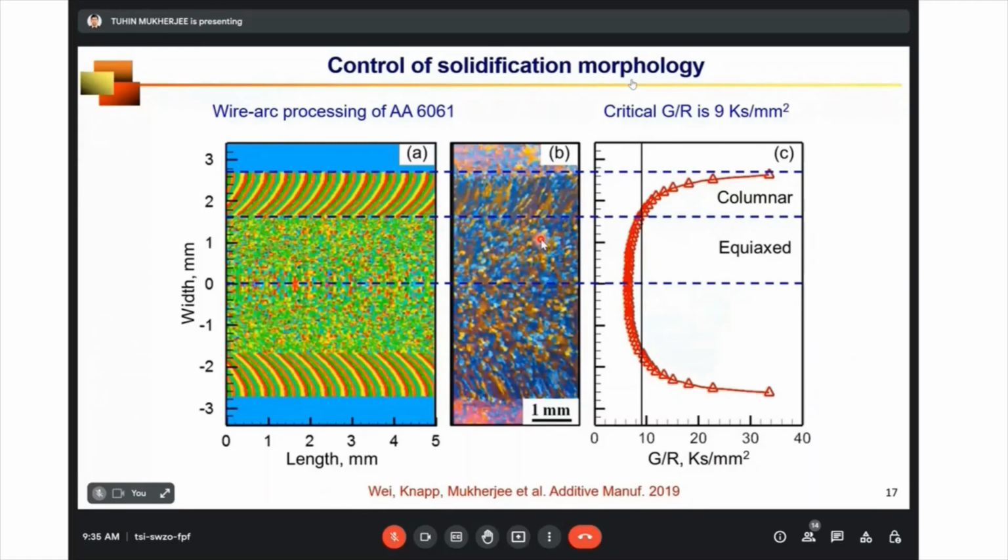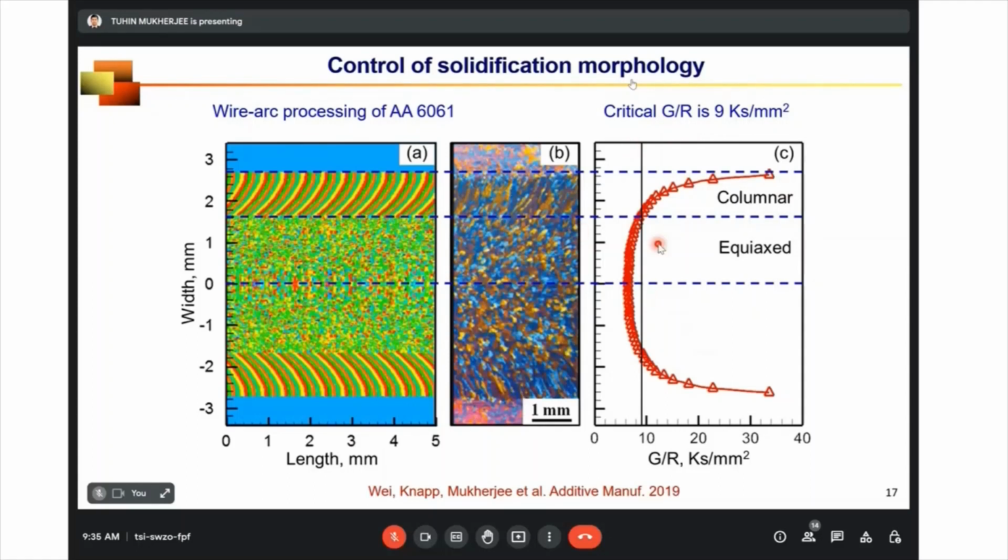As I was mentioning, there is a critical G by R for all alloys. Here the example is for wire arc processing of aluminum alloy 6061. The critical G by R is 9 Kelvin second per millimeter square, above which it will form columnar grains, below which it will form equiax grains. So we can calculate the value of G by R along the molten region.